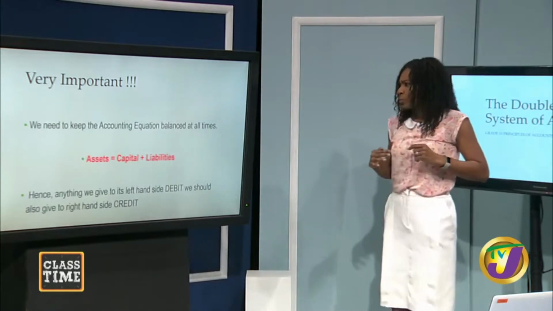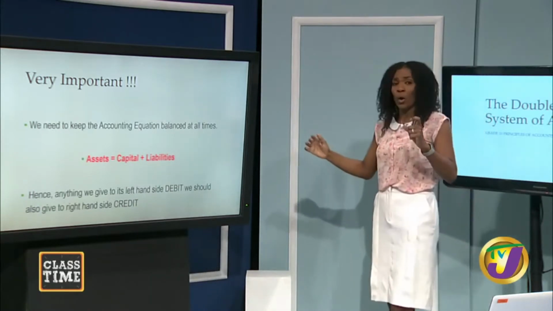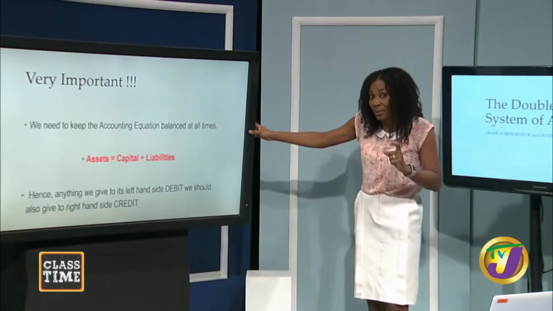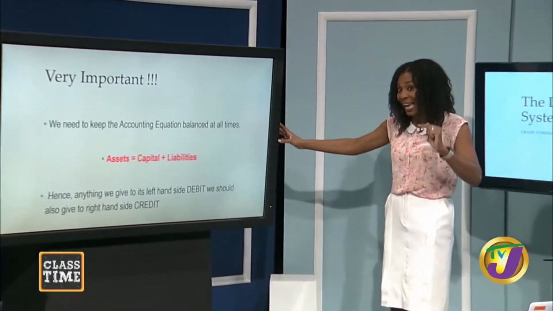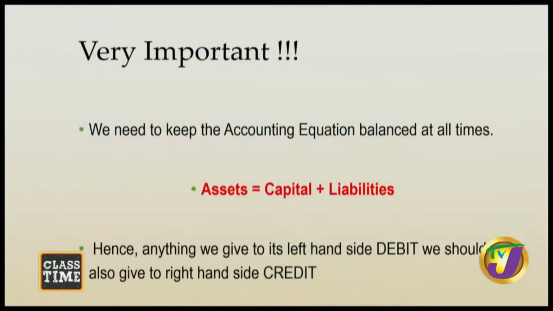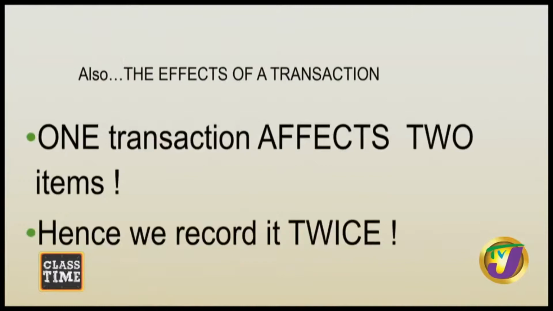Now, we need to keep the accounting equation balanced at all times. That is, assets equal capital plus liabilities. And again, anything we give to the left-hand side, we should also give to the right-hand side, which is a credit. Also, students, when a transaction occurs, one transaction affects two items.